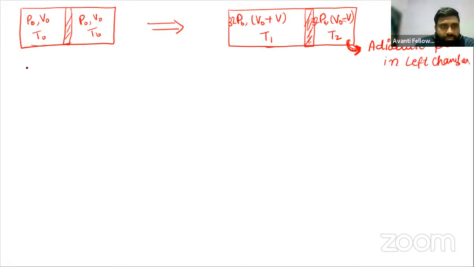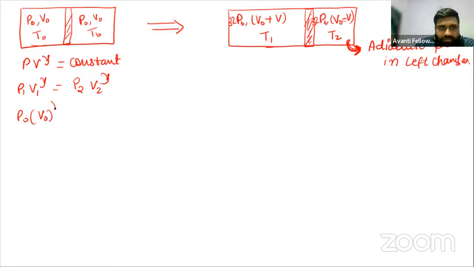So for that we can apply PV raised to the power gamma is equal to constant. So in this process, initially P1 V1 raised to the power gamma, finally it is P2 V2 raised to the power gamma. Now P1 is P naught, V1 is V naught, the initial values.